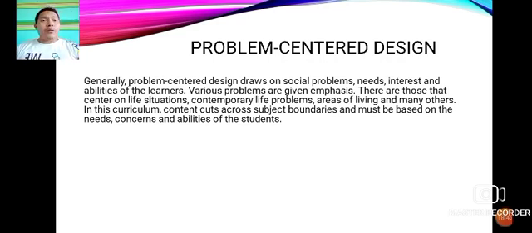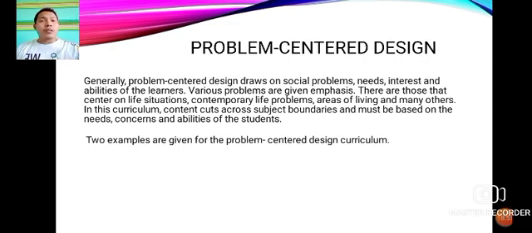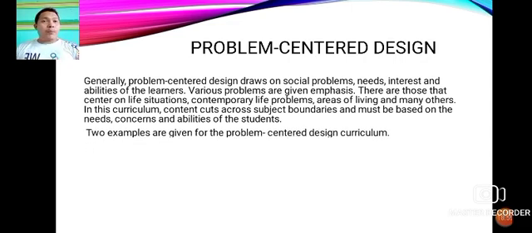In this curriculum, content cuts across subject boundaries and must be based on the needs, concerns, and abilities of the students. Two examples are given for the problem-centered design.